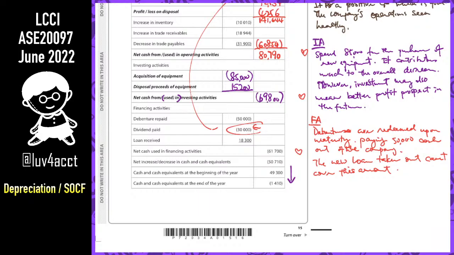I would combine debentures with the taking out of new loan. You need 500,000, but you can only borrow a new bank loan for 18,000. You cannot cover it. And then the next part, the most problematic part.